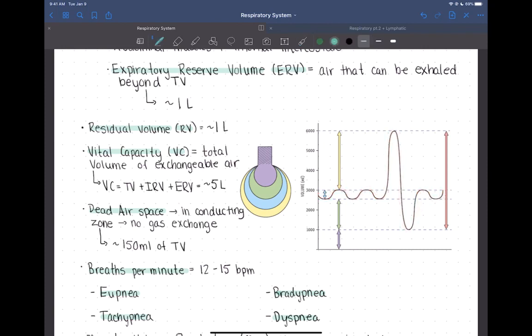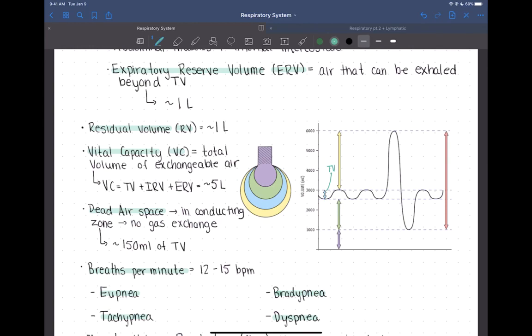This blue little arrow here would be our tidal volume. That's our 500 milliliters that can be inhaled and exhaled with a normal quiet breath.